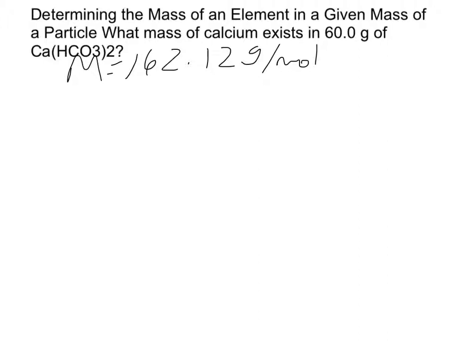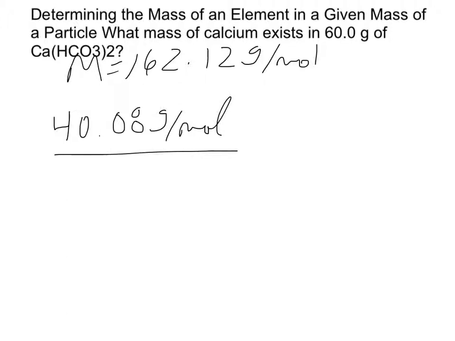So I got 162.12 grams per mole. Because in this question I only need to find the mass of calcium, I should figure out the percent that calcium represents in this compound. So I take calcium's molar mass, which is 40.08 grams per mole, and divide it by the overall molar mass, which I got above, 162.12 grams per mole, times 100.